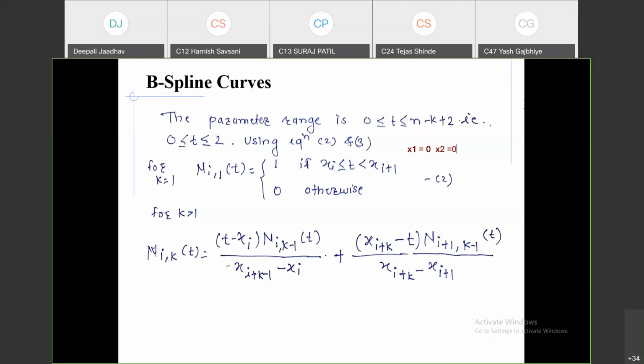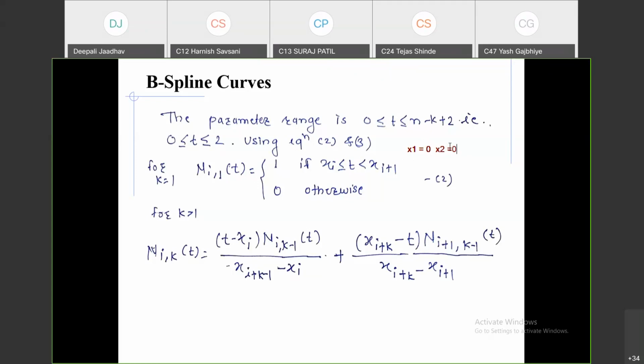Now whether this t, which starts from 0, 0.2 in this way, is between xi and xi plus 1. If yes, then the value is 1. So in the first case, t always starts with 0, so N i,1(t) is equal to 1. Why? Because t is equal to 0, it is between x1 and x2.